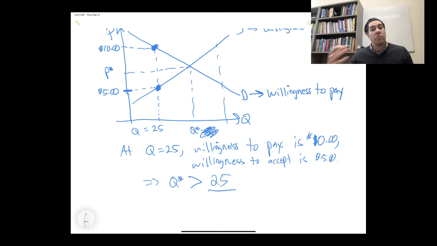I know that because willingness to pay is higher than willingness to accept, and I'm only in equilibrium when those two are exactly equal. Consumers are willing to pay exactly the market price for that last quantity. Sellers are willing to accept the exact market price for that exact equilibrium quantity.